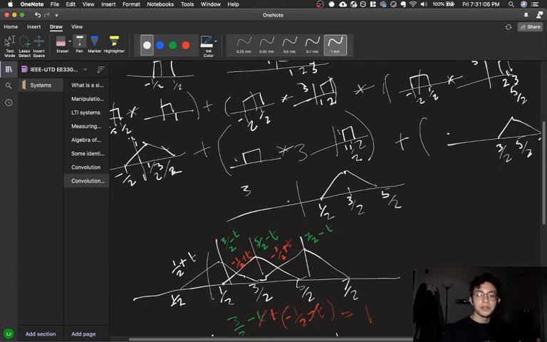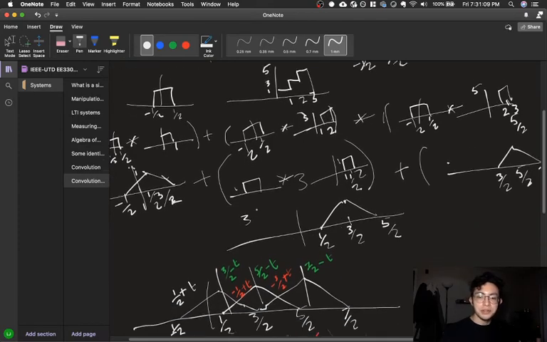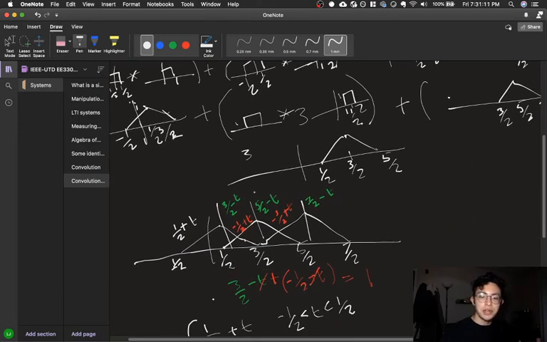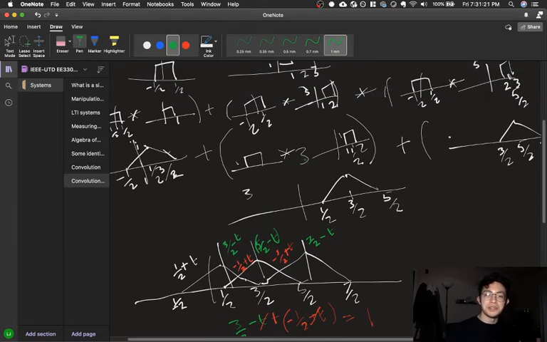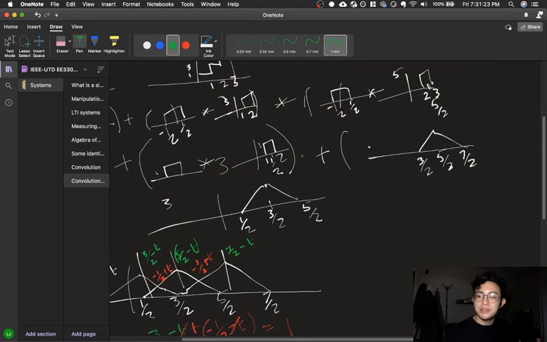Oh wait, hold on. I forgot to add the constants though. So this would actually be 3 times this one. Shoot, I should have done this earlier. Can't see things.